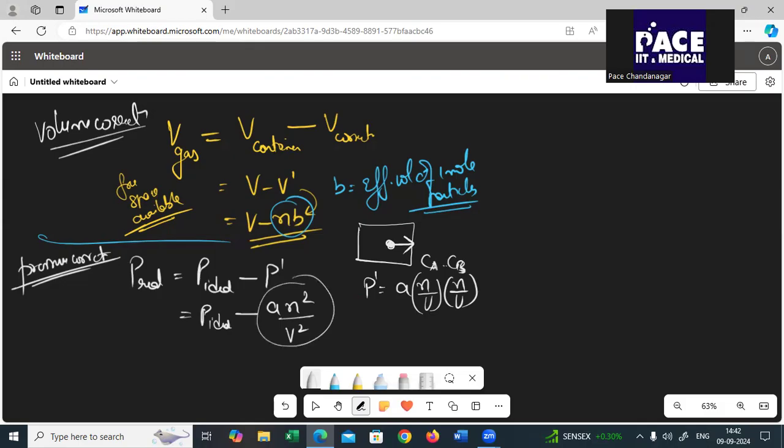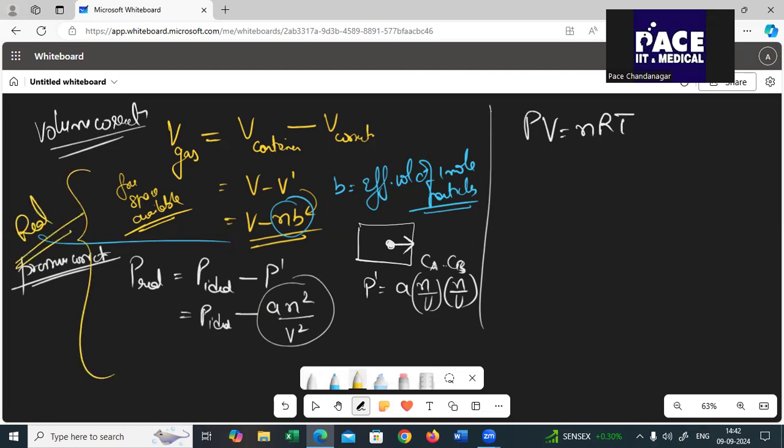So now I have to substitute in my ideal gas equation, PV is equal to nRT. This is for the real world, the volume correction and pressure correction for the real world, and here is my ideal. PV is equal to nRT is ideal.